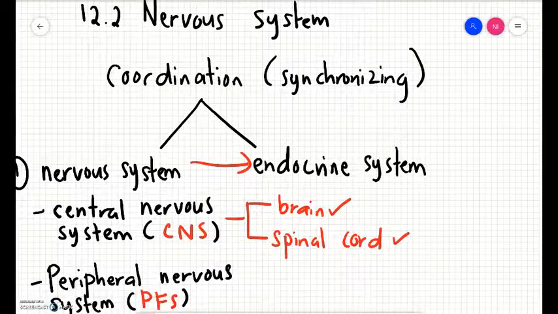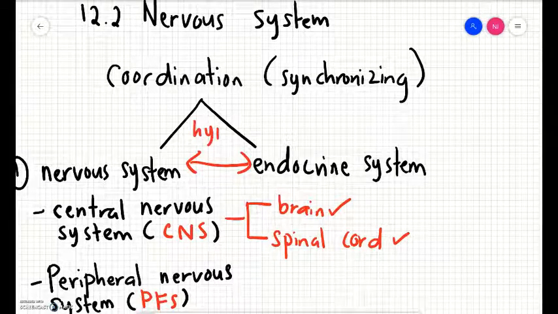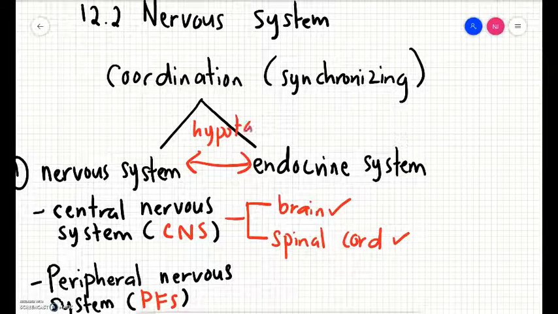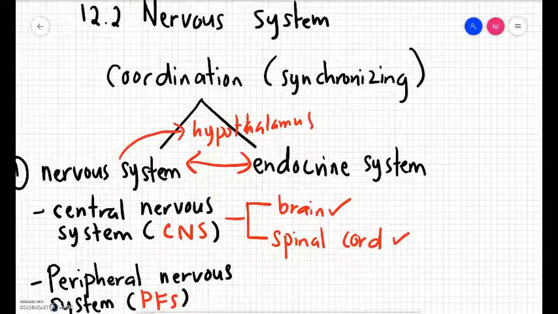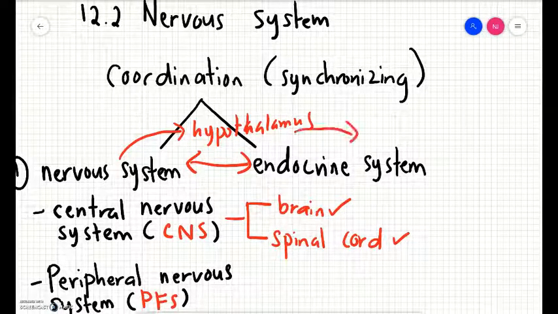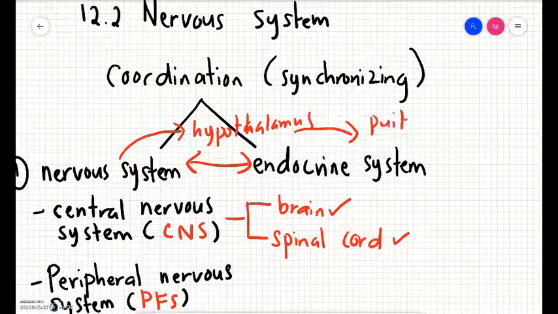Okay, dia mesti related because of the hypothalamus. Hypothalamus ni dia dapat maklumat daripada nervous system. Dan nervous system tu pula akan hantar maklumat pergi pituitary gland.